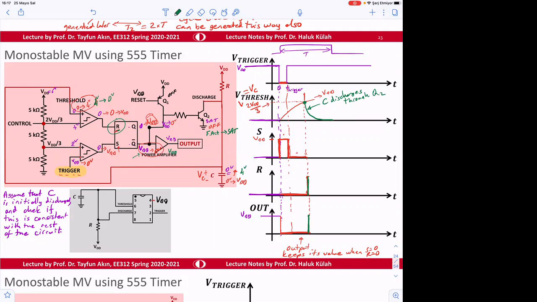we have to be careful here. It doesn't go like this. The discharging occurs very fast, and then with the final voltage here, VC final is going to be what?